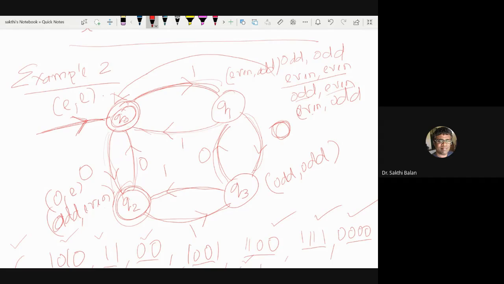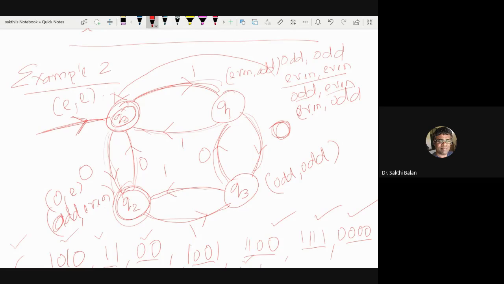And that is the beauty of this automata. Okay. So Q0 is a final state, it will accept even number of ones and even number of zeros.